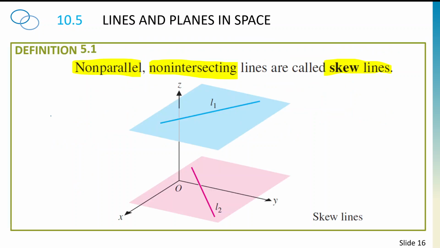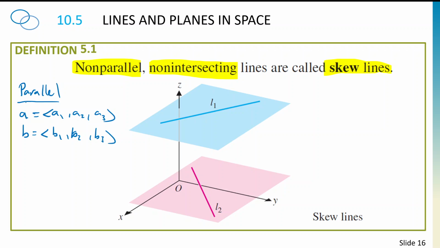How do we usually show whether 2 lines are parallel? Remember the definition. If I have the 2 lines, from the 2 lines I can get the 2 vectors. For the first line, let's call it A, this equals A1, A2, A3. And for the second line, let's call it B, this is B1, B2, B3.